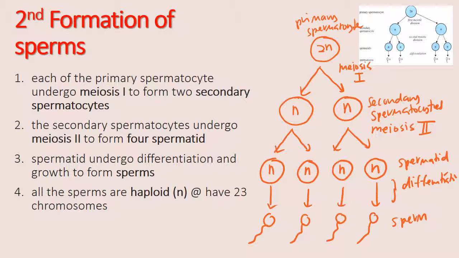All the sperm are haploid cells, symbolized by N, and they have 23 chromosomes.